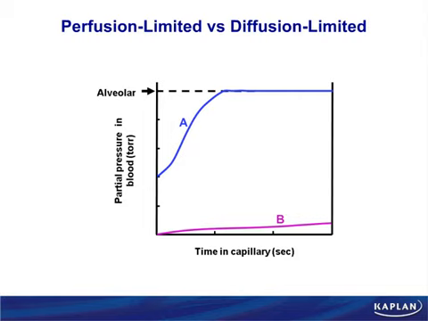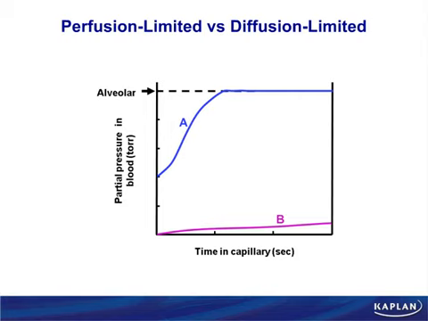So you see the blue line go up to the dashed line alveolar and then flattens out because now it is equilibrated. Can't go above because this is simple diffusion. So gas A equilibrated with the alveolar gas. Thus, it is perfusion limited. Curve B, notice, doesn't even get close to the alveolar partial pressure of gas B. Because it doesn't get close, because it doesn't equilibrate, it's diffusion limited.